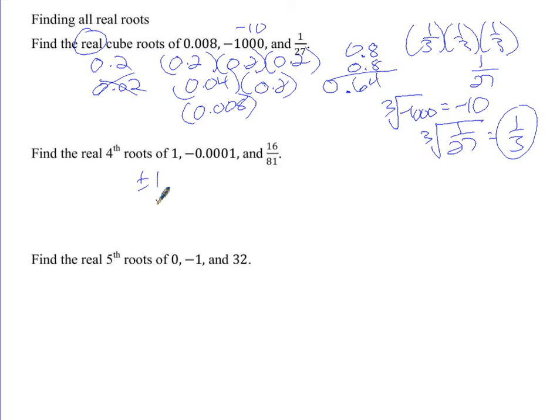Why? That's right. We have an even number here, and we have a negative number here. Just like if I was asking you to take the square root of negative 0.0001, you can't do it because it's a negative number. You can't take the square root of a negative number. So the answer here is there are none. I'm asking for the real roots. None.